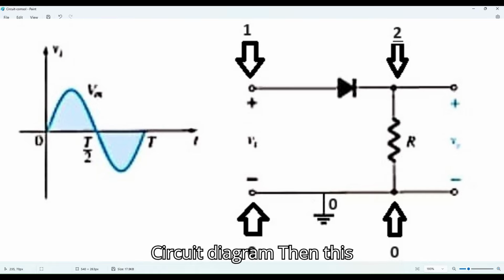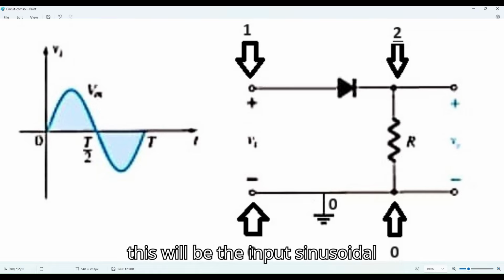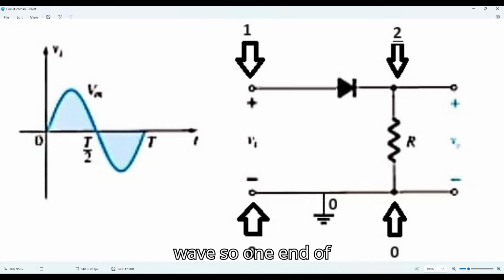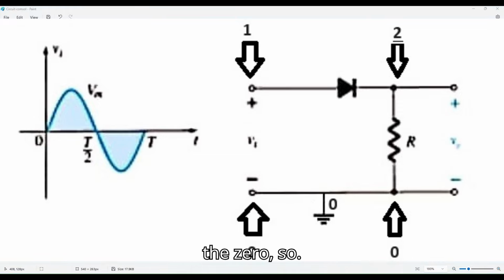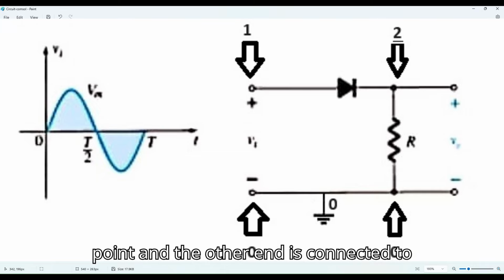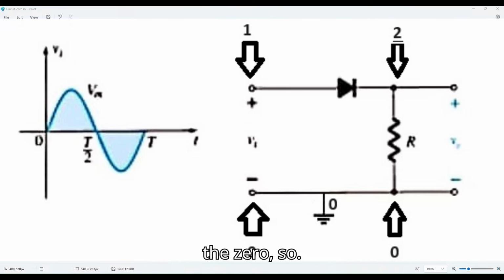If we look at the circuit diagram, this will be the input sinusoidal wave. One end of the source is connected to one point and the other end is connected to zero.